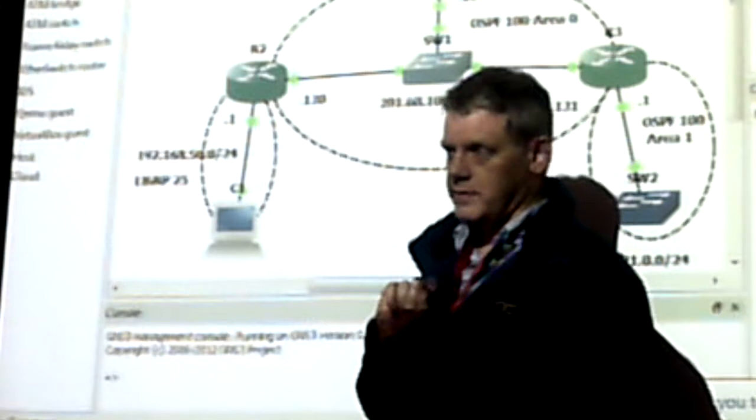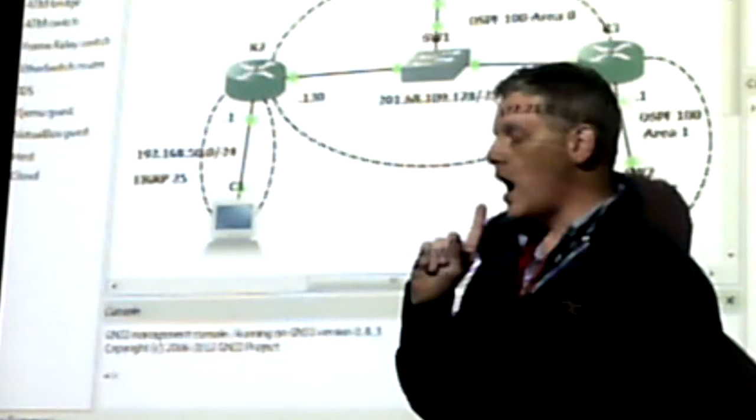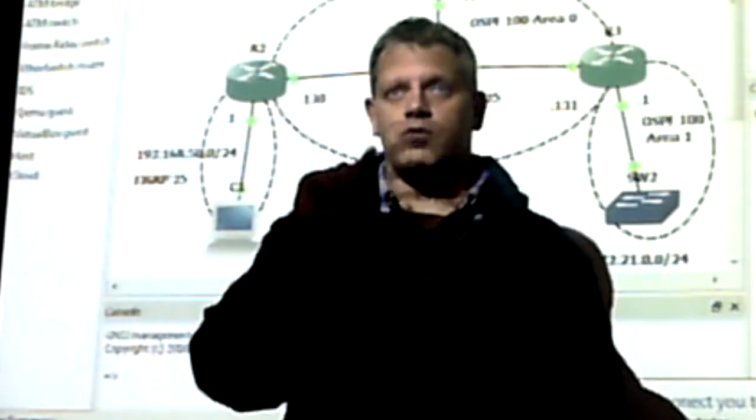I do that under router OSPF with a command called redistribution. What redistribution does is it allows those routes or networks learned by another routing process to be automatically configured and put into the other routing process.